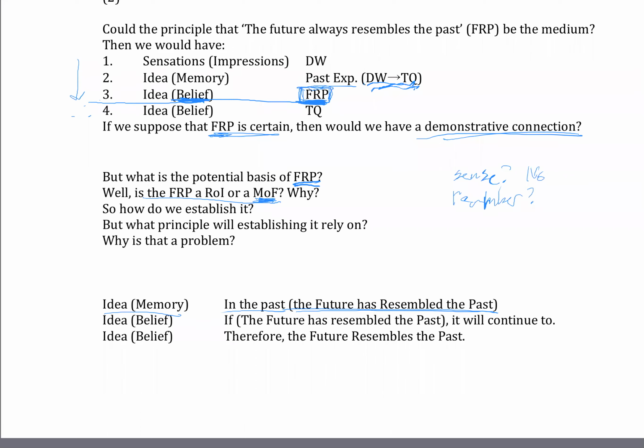I can't remember the future, for example. And so because I can only remember what happened in the past, that the future resembled the past in the past, the future resembling the past in the past is not going to establish my belief right now that the future resembles the past. So memory is not going to be sufficient.